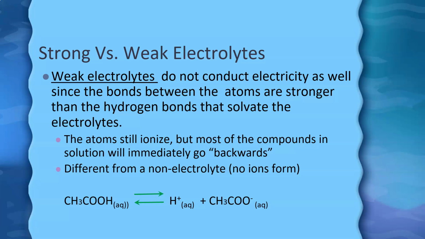So even though, say, acetic acid, which is down here at the bottom of the screen, does ionize, the solvation interactions are just not really strong enough to overcome the attraction of that acetate ion for the H plus. And so some of them ionize, but then most of the time that solvation interaction isn't strong enough to keep it from just snapping right back together.